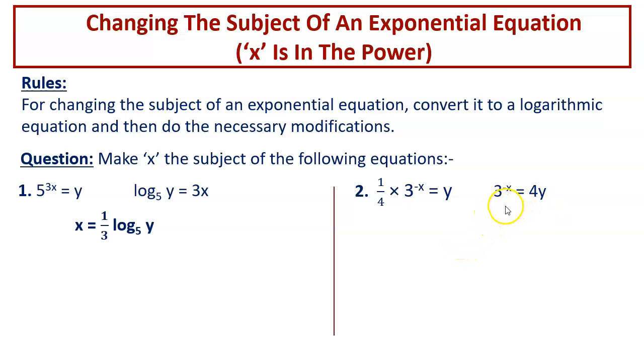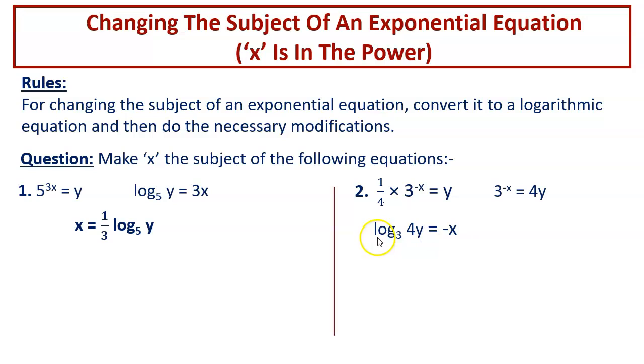Now we will be converting this exponential equation to its corresponding logarithmic form. 3 is the base, negative x is the power, and 4y is the answer, which will be becoming the argument. The base will be remaining the base. The answer will become the argument of the logarithmic term.